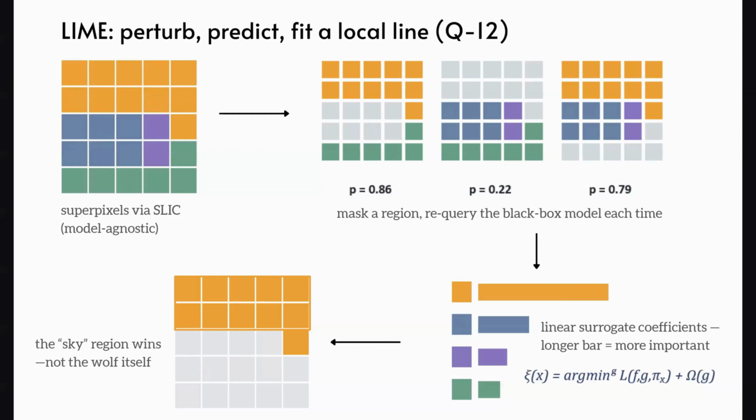In the second part, you take this image and randomly mask certain parts of it. For the first, I just mask the wolf. Second, I'm just masking the sky. Basically, the model is not able to see what exact pixels were there. Then it takes the model that we are supposed to explain. It's a complete black box model. Lime does not care what the model is.